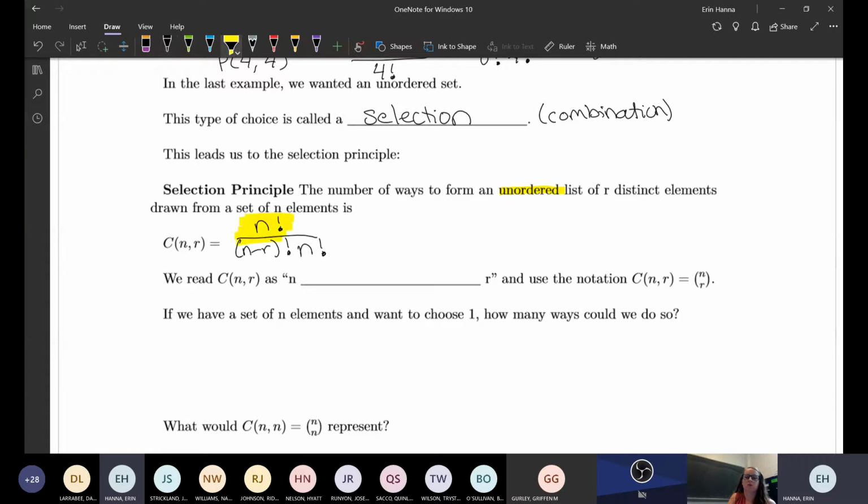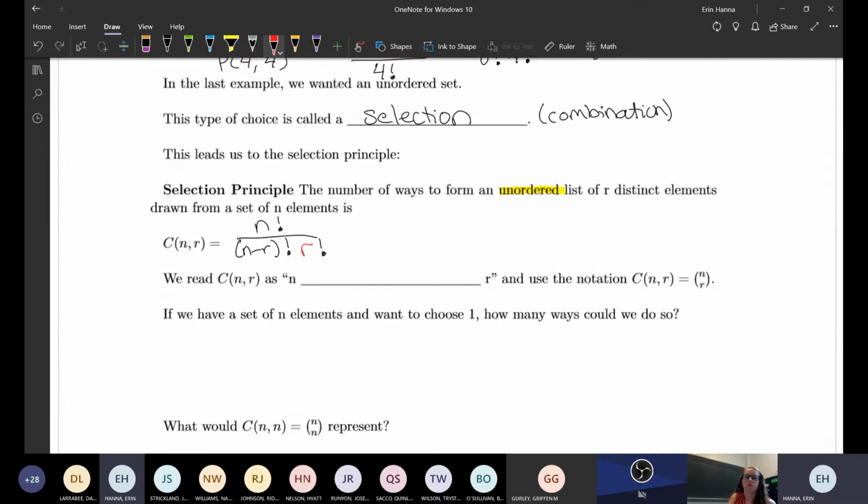We take the arrangement, n factorial divided by n minus R factorial, but then we have to take out the amount that are being overcounted, and that's always going to be C of R comma R, which turns out to be R factorial. Sorry, let me write it in red so you know that I screwed up there. R factorial, not n factorial. It turned out to be n factorial in the last one.